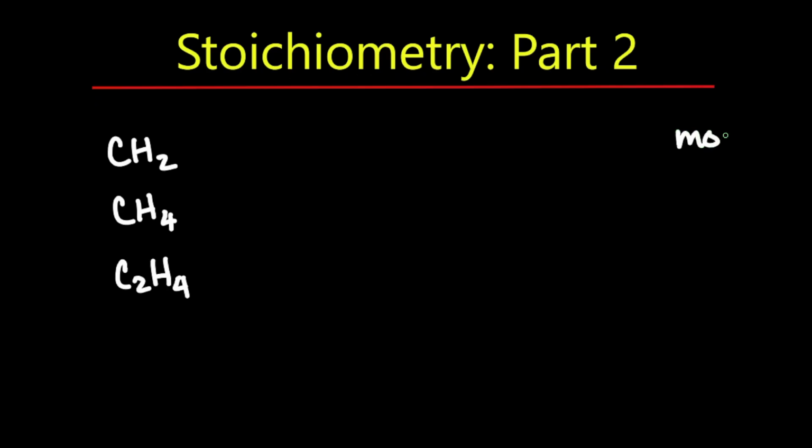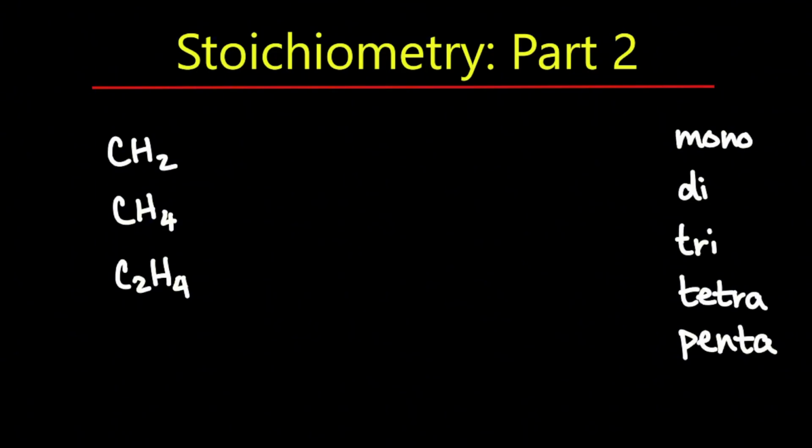The prefixes I will write on the right include mono, di, tri, tetra, penta, and so on. I'm not going to write the rest because they are rarely used. If there is one of the element for the first word, we don't put mono in front of it. So this one would simply be known as carbon dihydride instead of monocarbon dihydride.